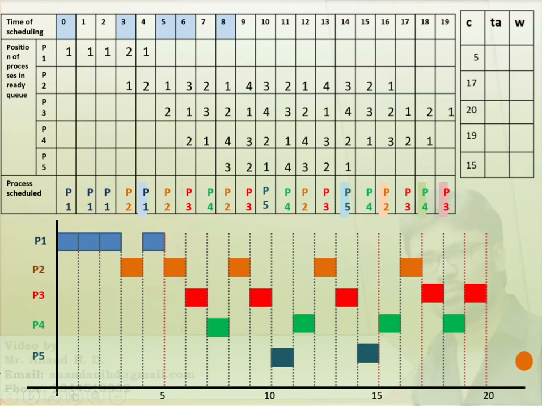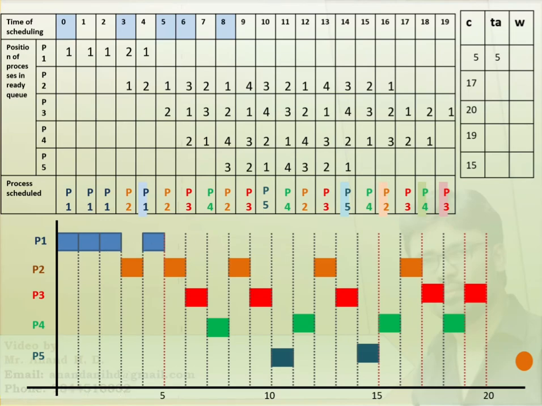So for example, if you consider process P1, P1 was serviced for 4 time units and it was waiting for 1 time unit, right? So the turnaround time for the process P1 is 4 plus 1, that is service time plus waiting time. 4 plus 1 is 5 time units.